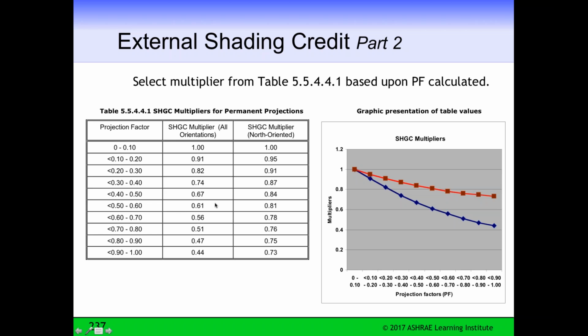You get an SHGC multiplier, which lets you multiply your SHGC for compliance. So if you're in climate zone 4 or 5 or 6, well, no, we'll take climate zone 6. Your SHGC is 0.4. And if you're using glass with an SHGC of 0.6 because you like the visible portion of it or you like the U value, but it doesn't meet the SHGC requirement for the glass by itself.